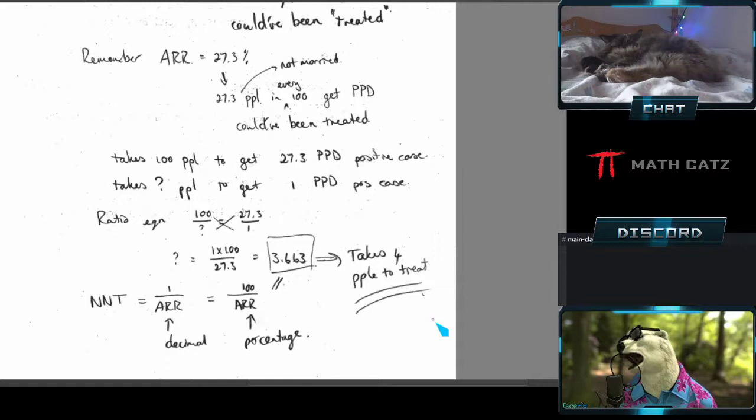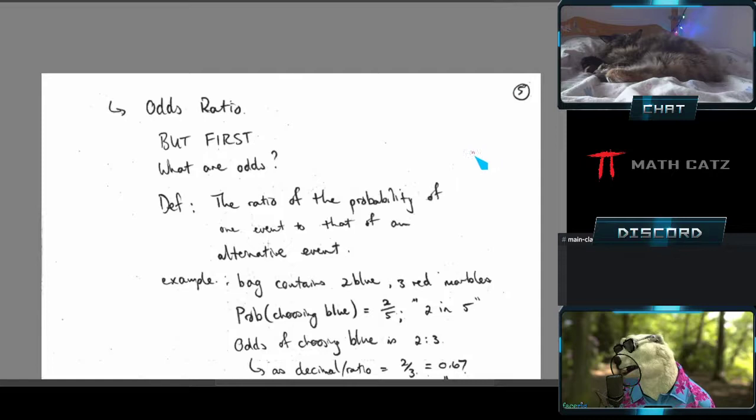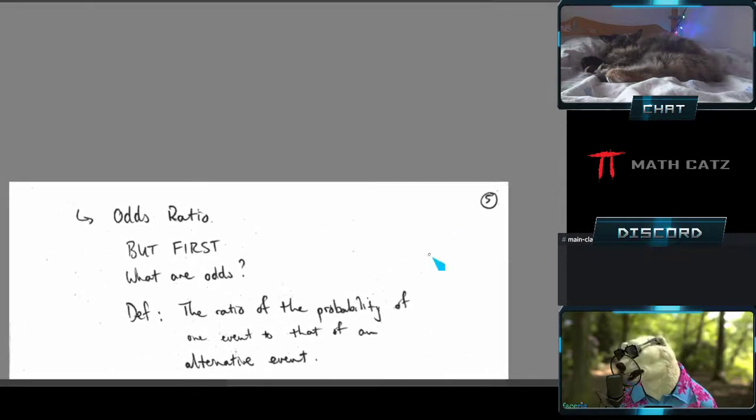We are getting close to the end, but sadly that's not the end, because there are more ways of presenting this information. And this next one might be a little bit confusing. It is the odds ratio. Now, before I can really do that calculation, I have to understand technically what we mean by odds.